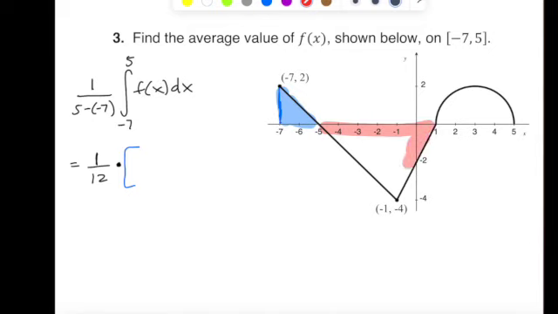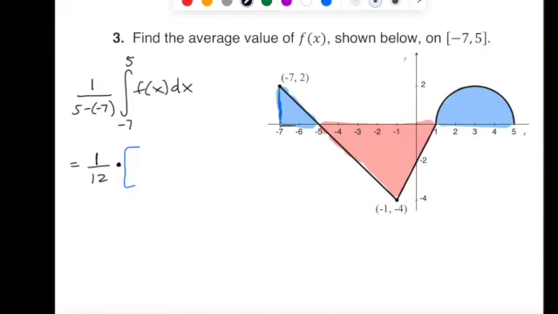But then between -5 and 1, you have a big triangle between the graph and the x-axis. It's below the x-axis, so we're going to assign a negative value to its area, and then we're back above the x-axis with a semicircle, so we'll find that area and give it a positive value. So this is just a review of those kinds of things as well.